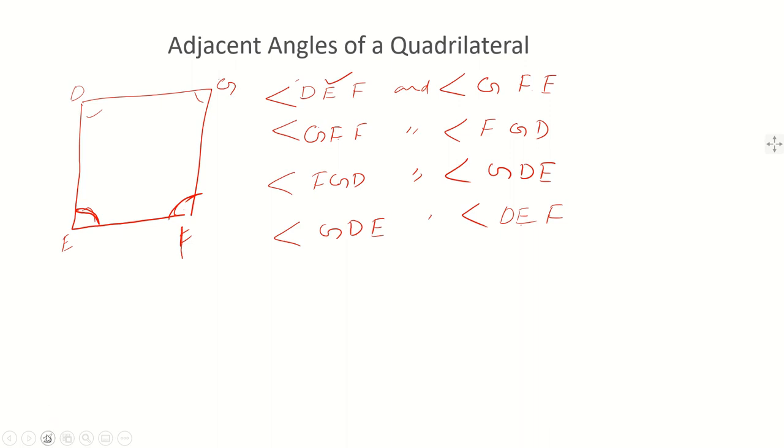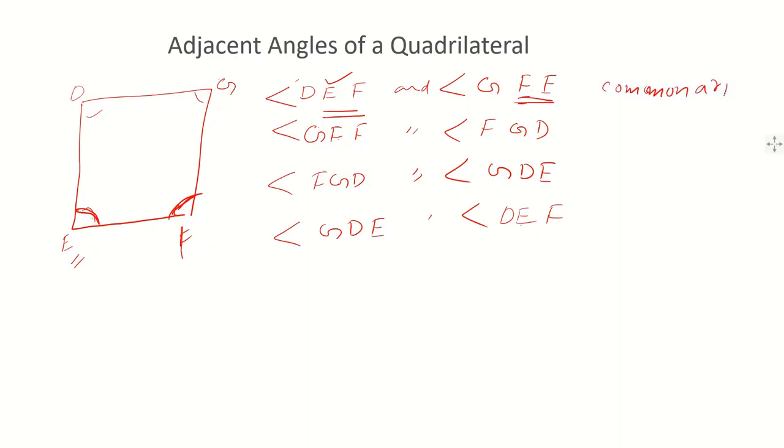So this is another angle. These are the two angles we consider. This is E, this is F. In both DEF and GFE there is an EF. So there is a common arm.